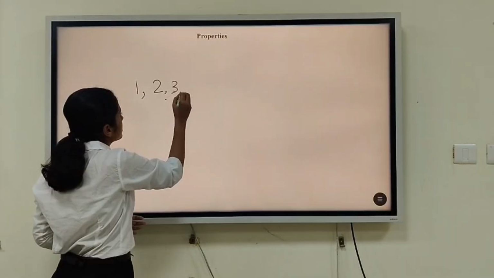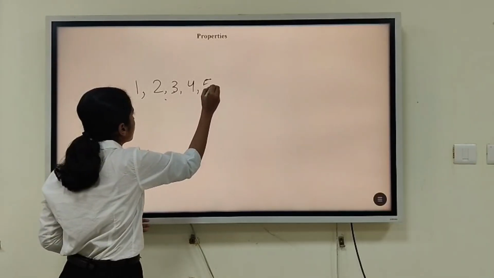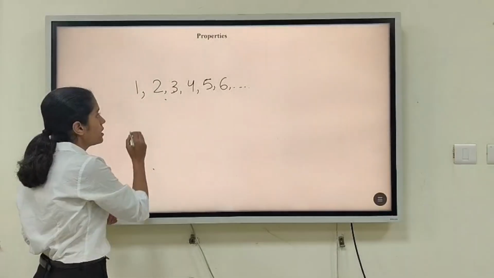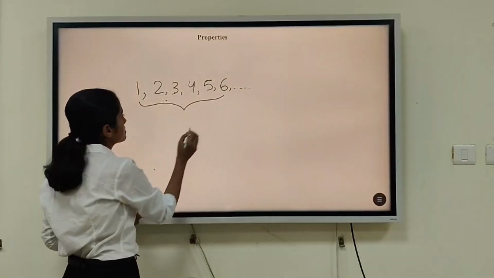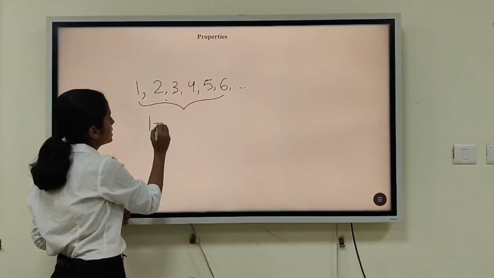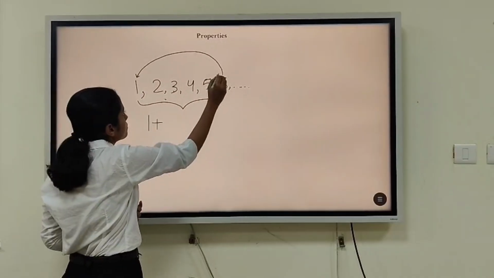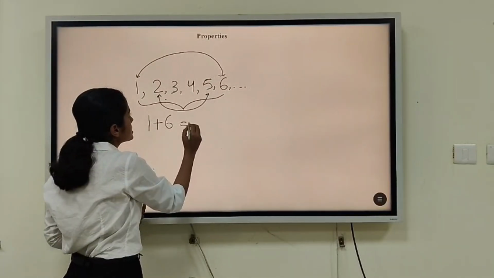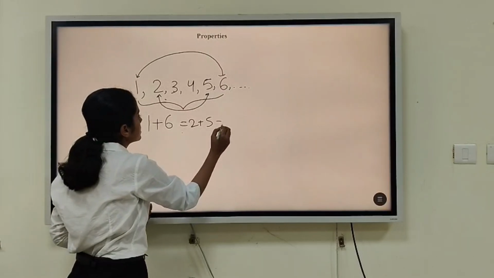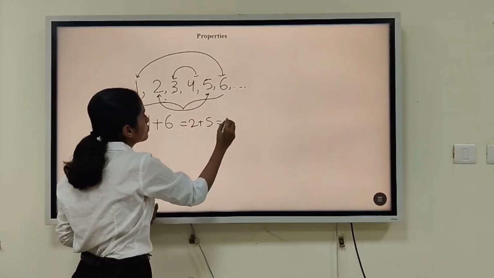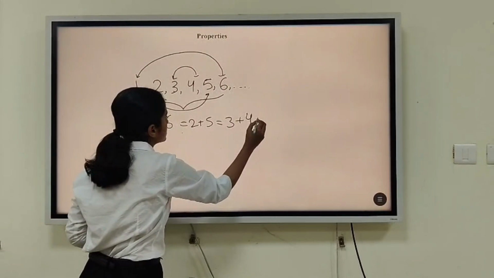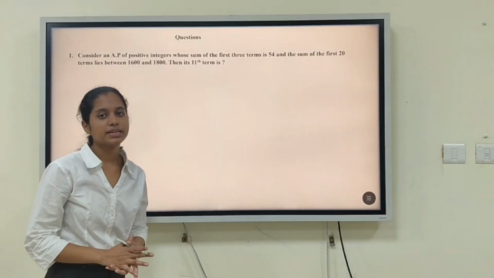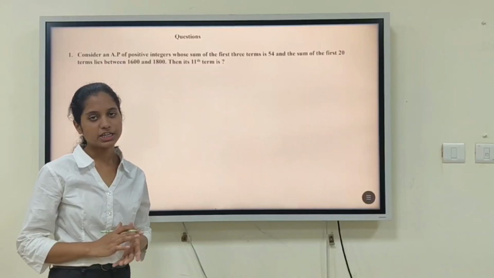Let's suppose I am taking 1, 2, 3, 4, 5, 6. This is a sequence in AP with 6 terms. The sum of first and last is equal to the sum of second and second last, which is equal to the sum of third and third last, which is a constant value. So with this we have completed the theory portion of arithmetic progression.